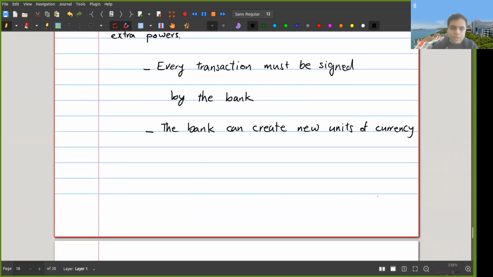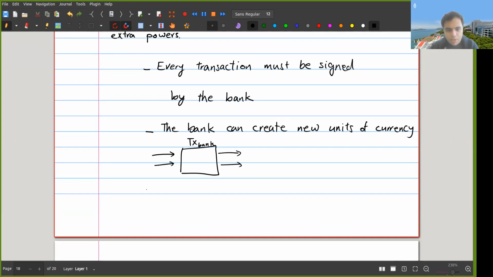Well, it basically means that the bank can create transactions, let's call it the transaction of the bank, such that the sum of inputs is strictly less than the sum of outputs. If we give such a power to the bank, then that's effectively like printing money. The bank can create new units of currency.